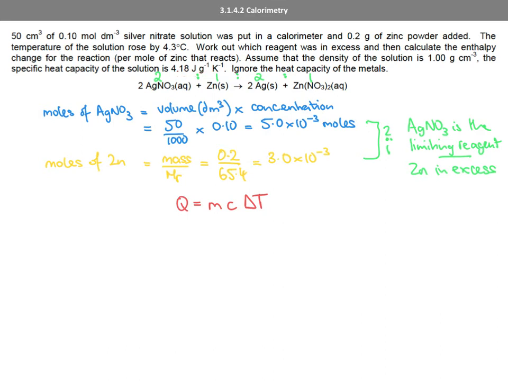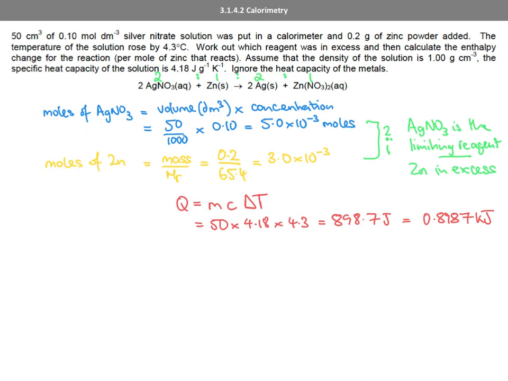And finally, the change in temperature was a temperature rise, so they've given us the actual change in temperature of 4.3 degrees. We put those into our calculation, and that equals 898.7 joules. We'll do the conversion to kilojoules straight away, so 0.8987 kilojoules.